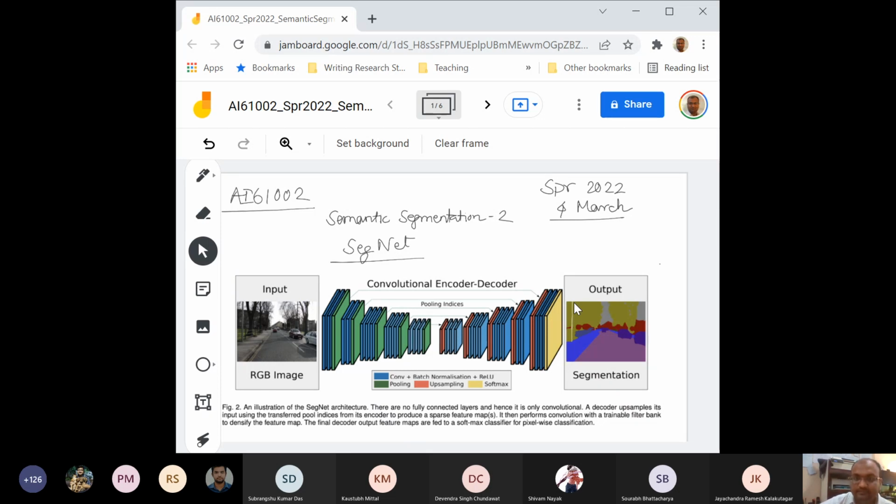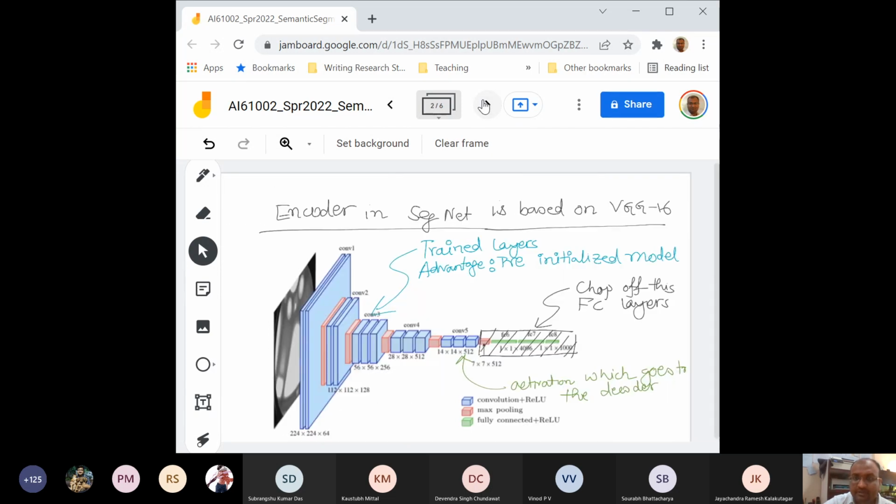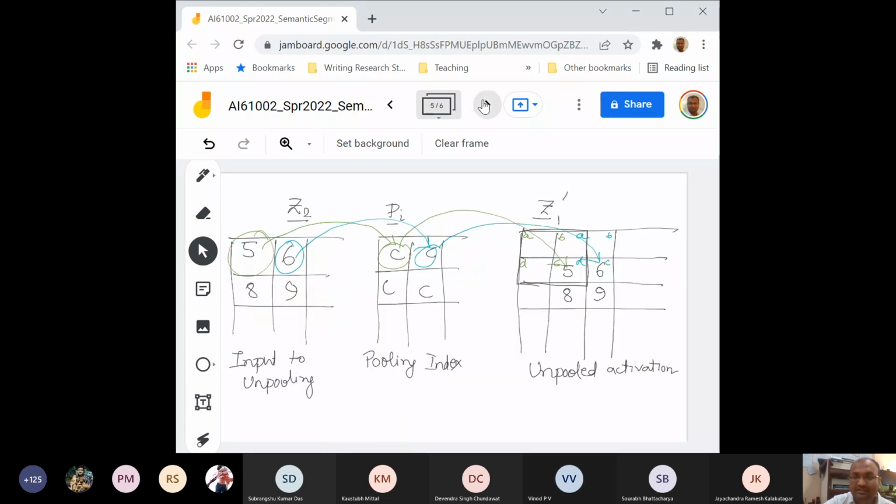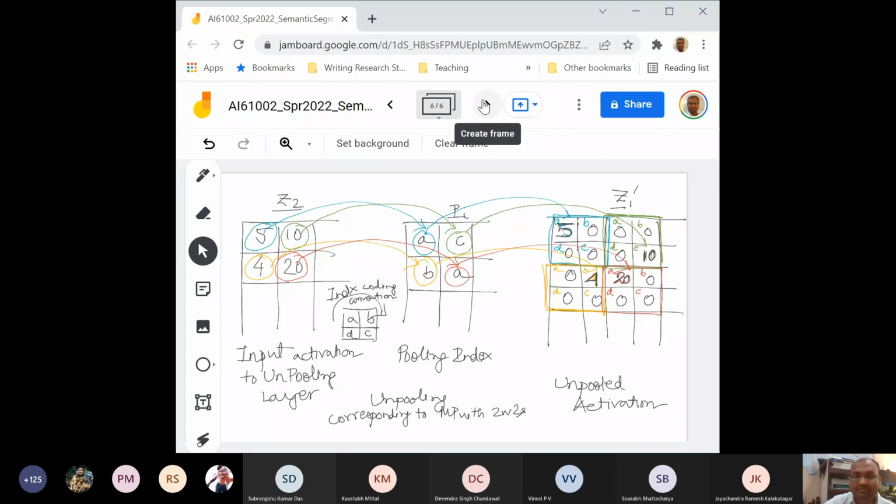You have some doubt? So can you please explain the upsampling process? That upsampling process is this process which you just solved. This unpooling process is that upsampling process.